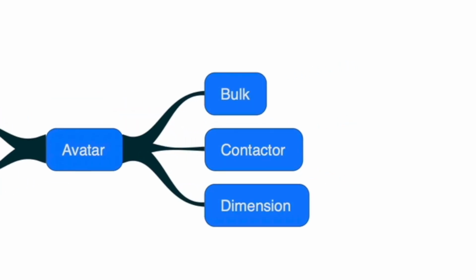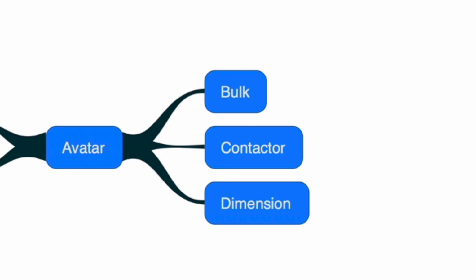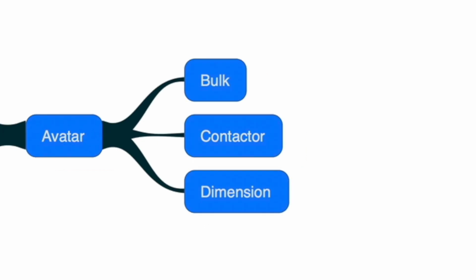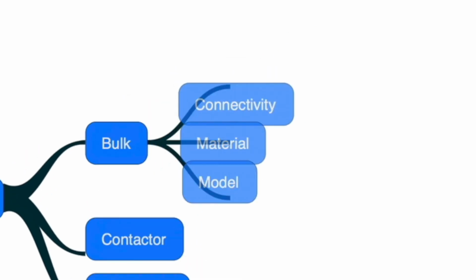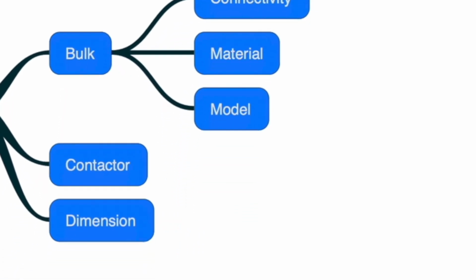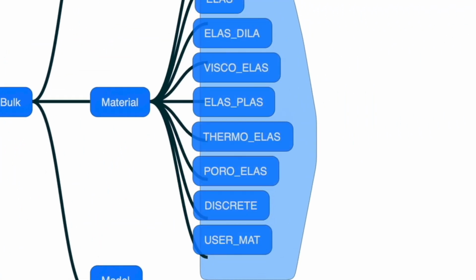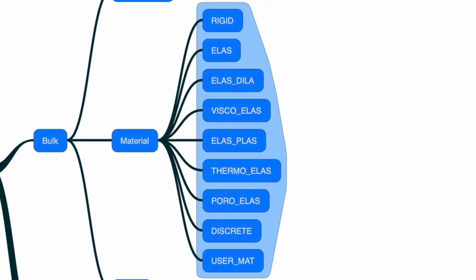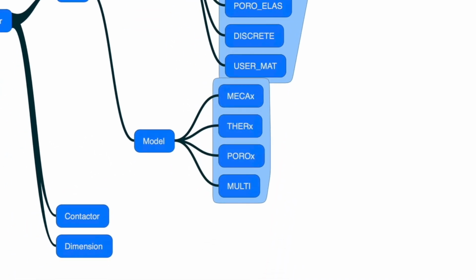Here are the parts of an avatar. An avatar consists of many parts like bulk, contactor and dimension. Bulk has materials. There are many materials like rigid, elastic, viscoelastic, plastic, thermoelastic and many more.